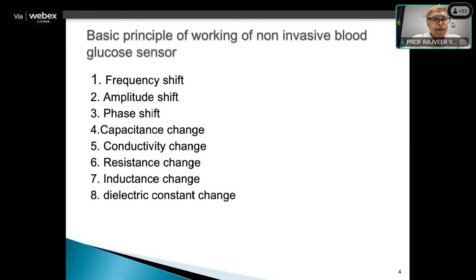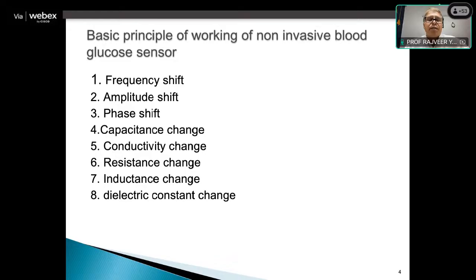As I said, the basic principle of working of all non-invasive blood glucose sensors, mostly if you use radio frequency, is similar to the Doppler effect, and we carry out frequency shift. The frequency shift we calibrate in terms of sugar level, and then we can predict. The second is the amplitude shift.